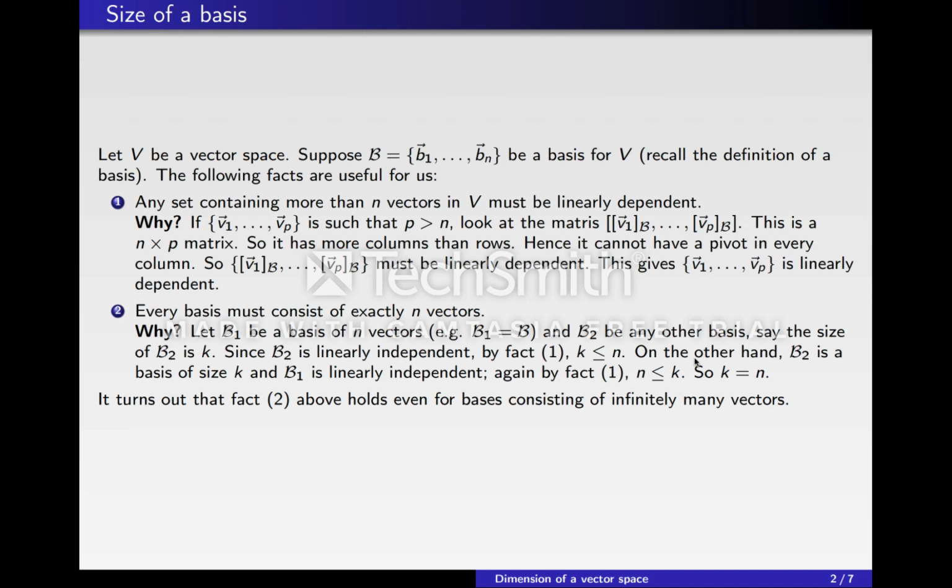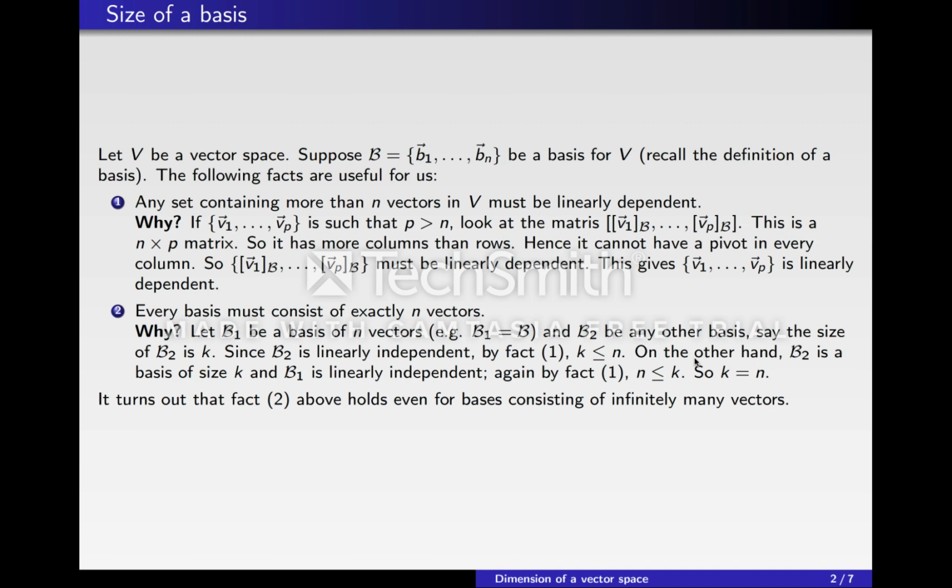And the second observation is that every basis of V must consist of exactly n vectors. So B has n vectors and it's given to be a basis for V. Why is it that any other basis has to have exactly n vectors? Let's say B1 is a basis of n vectors, so it could be B, and B2 be any other basis.